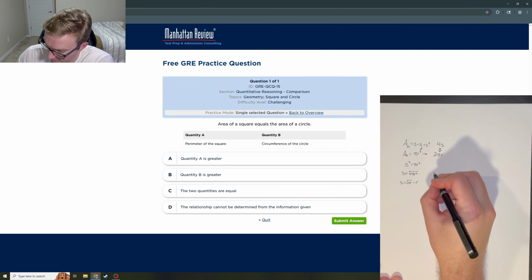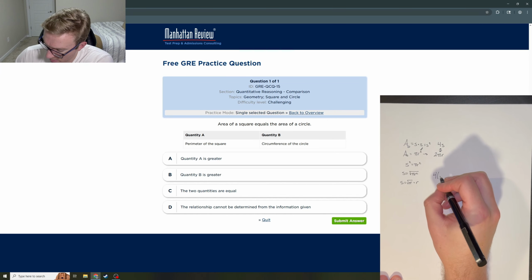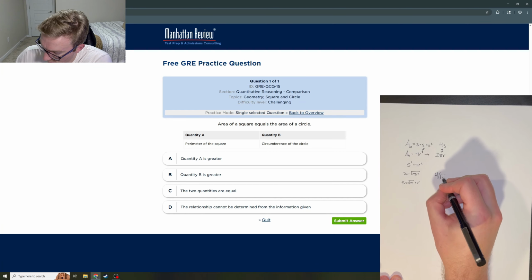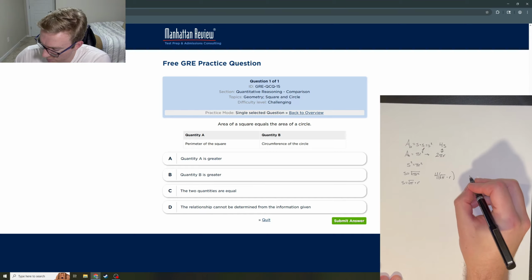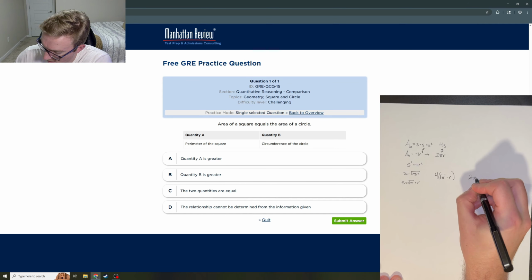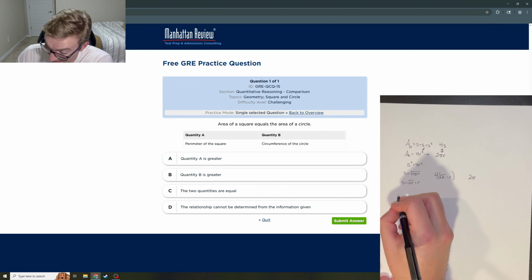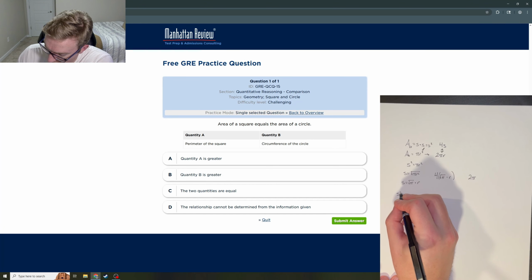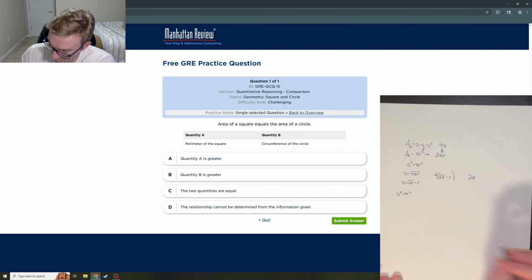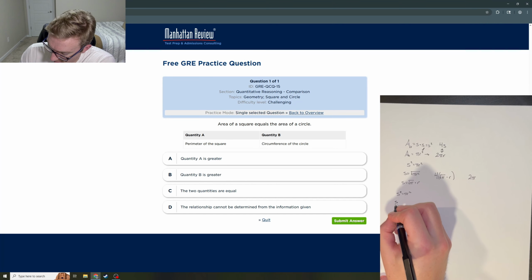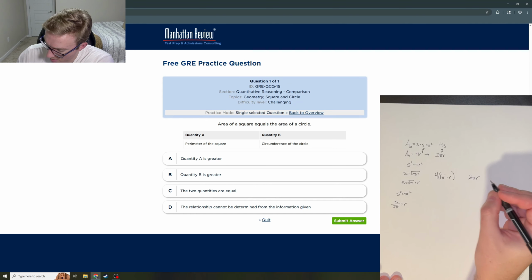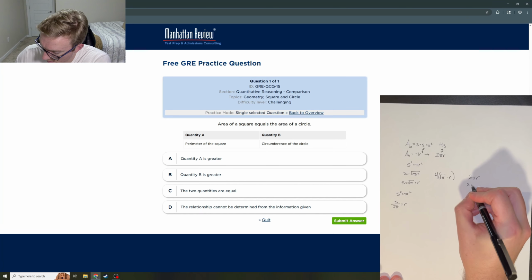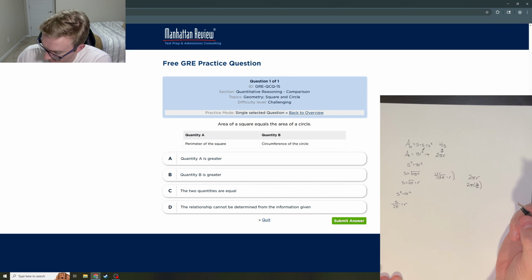So then 4s is 4 times root pi times r, compared to the perimeter of the circle, which is 2 pi r. If we wanted to solve for that, we'd have s over root pi is r, so then 2 pi r would be 2 pi s over root pi.